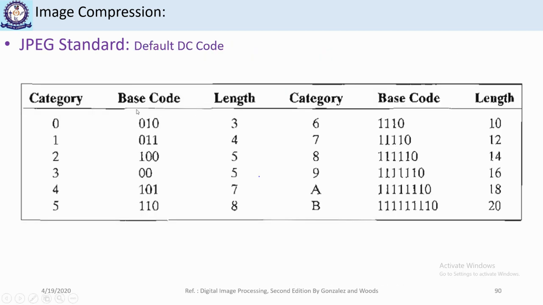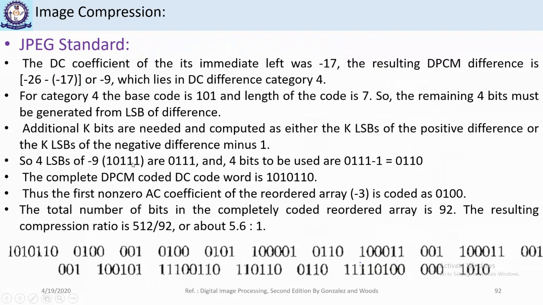The base code for DC coding for category 4 is 101, and the length of the code is 7. This means the base code is 101 and the length of the code is 7.